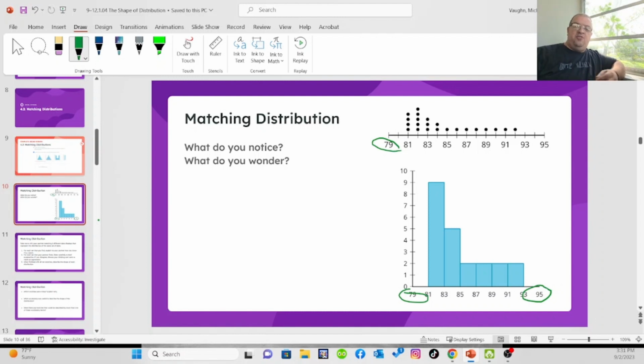And then aside from that, maybe we're looking at our shape. So if we notice, this distribution has the majority of our data on the left with our tail going to the right. When I look at these dot plots, I again see the majority of my data here with a long tail that goes to the right. Anytime we see the majority of data on one end or the other, we call this skewed.